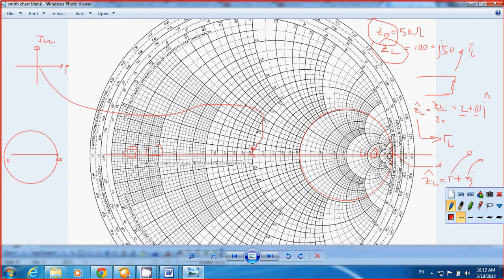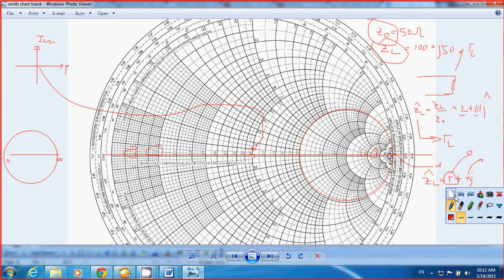It becomes reactance, or something like that. So all the circles with a number on them represent R, or represent the real part.